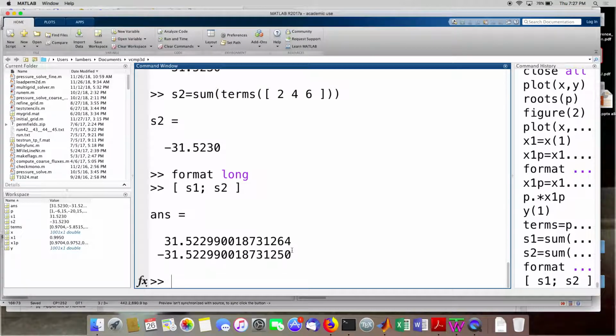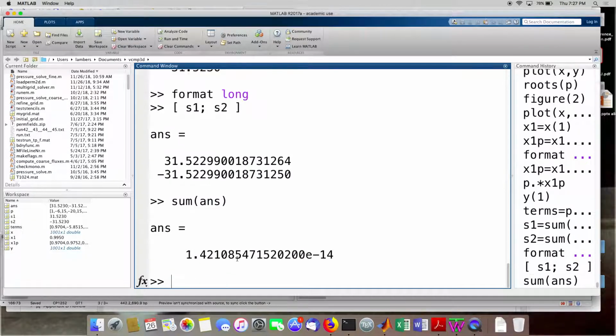So how bad it is depends on how much greater they are in magnitude than the result. These numbers are a very decent size, it's just that they're so much larger than their difference. Here I add the two together and get something like that. There's pretty much no precision whatsoever in that result. It's pretty awful.